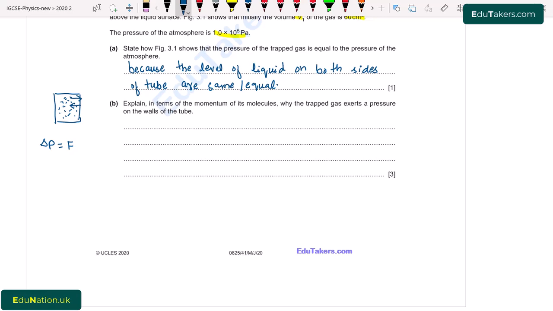So I simply write here: gas molecules are in a state of motion.